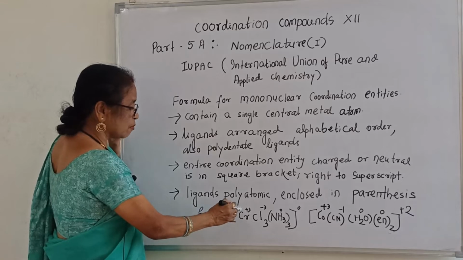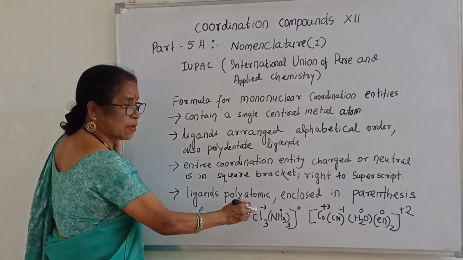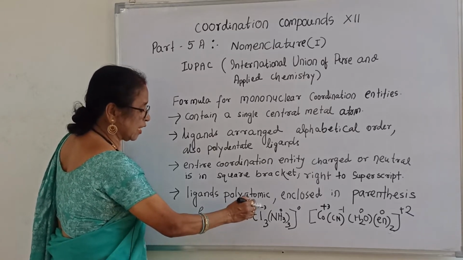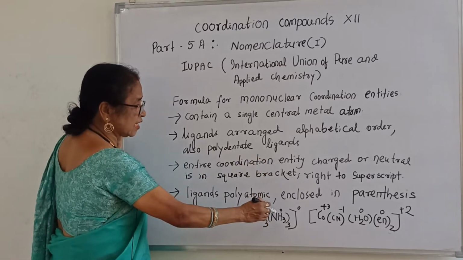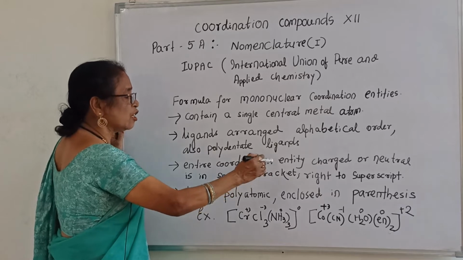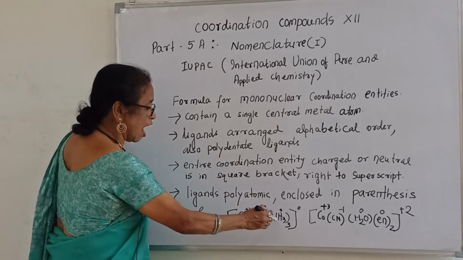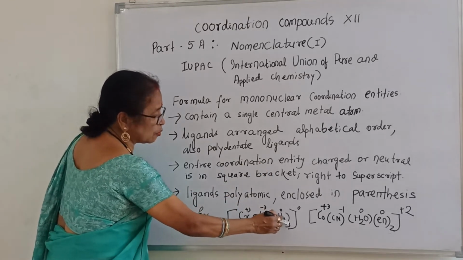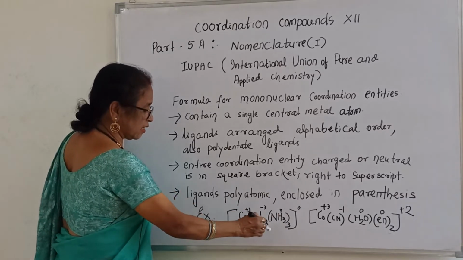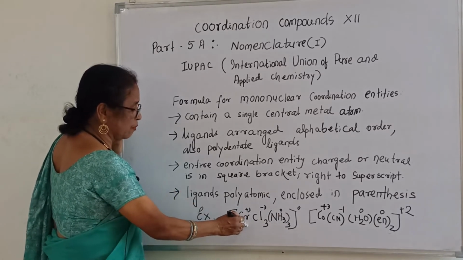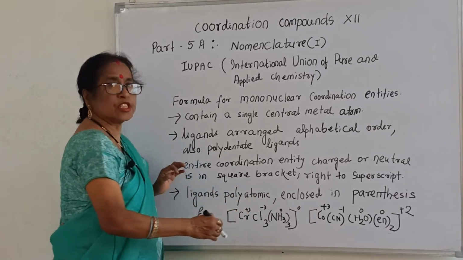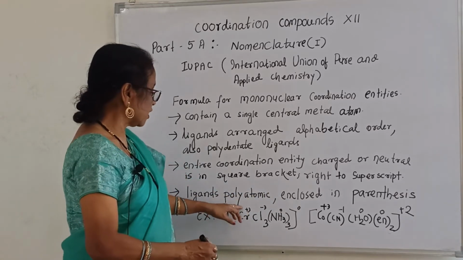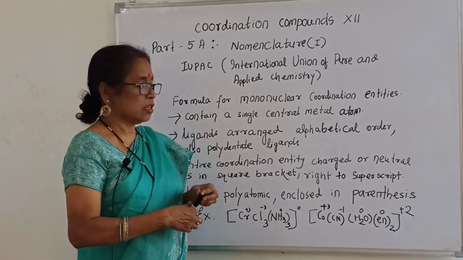Cr is plus 3 because chloride is minus 1, times 3 gives minus 3, and NH3 is a neutral ligand, written in parentheses, 3 times. So the central atom is plus 3, because plus 3 minus 3 becomes 0.